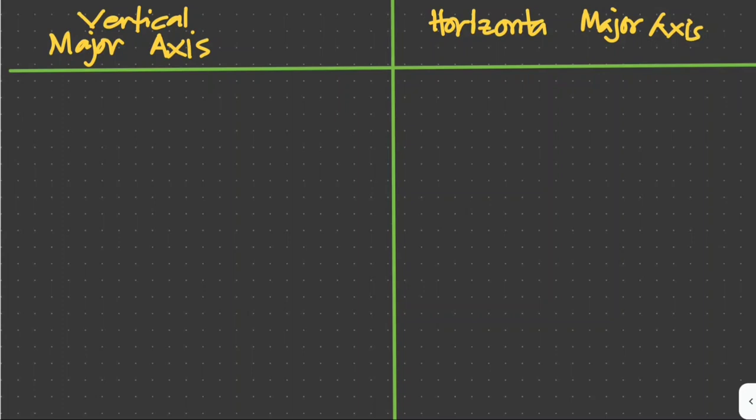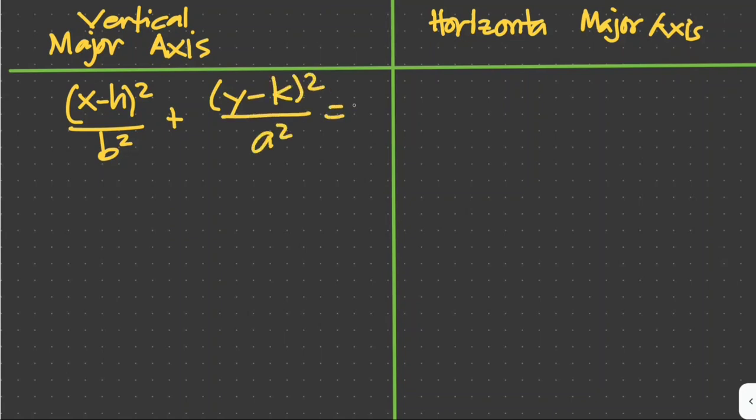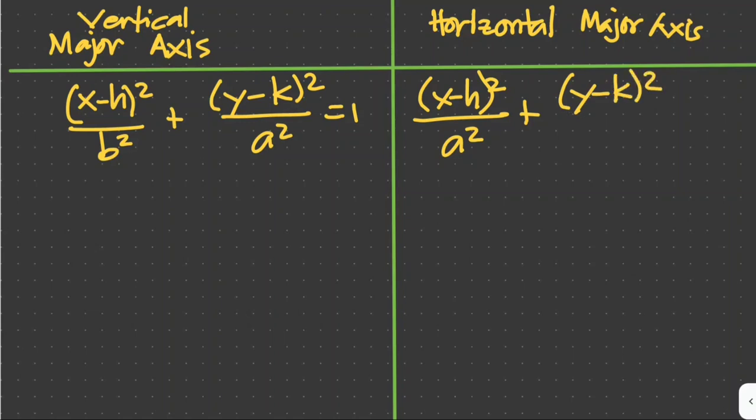So the equation for the vertical major axis for an ellipse is just x minus h squared over b squared plus y minus k squared over a squared equals 1. And then for the horizontal, that is x minus h squared over a squared plus y minus k squared over b squared equals 1. So you just have to familiarize this.